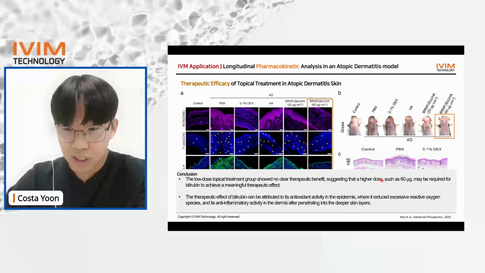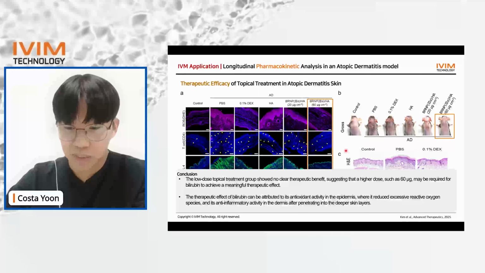And the therapeutic effect may result from drug penetration into both epidermis and dermis. In the epidermis, bilirubin may reduce ROS production, while in the dermis, it may suppress inflammatory responses.